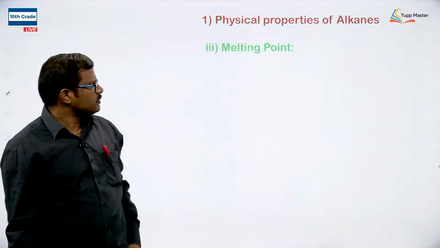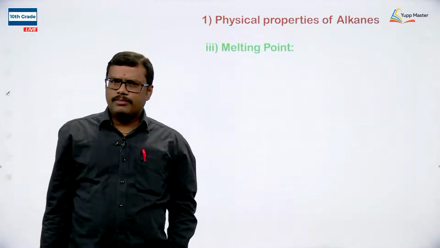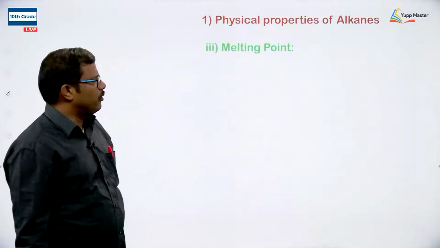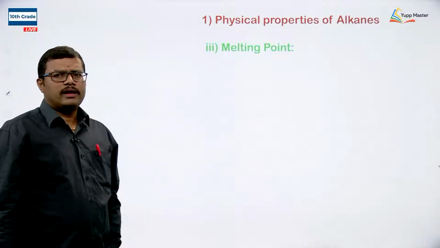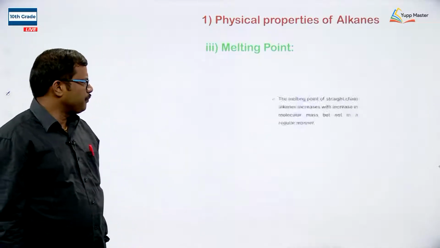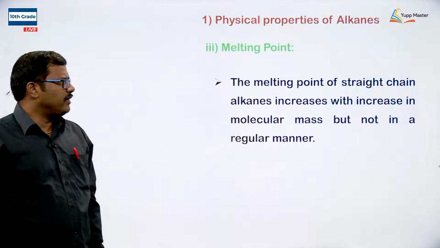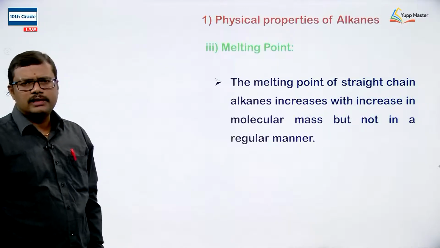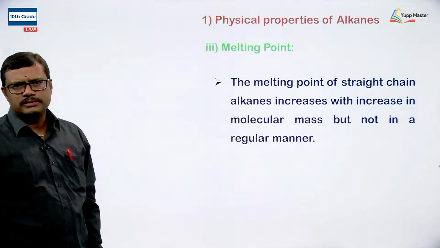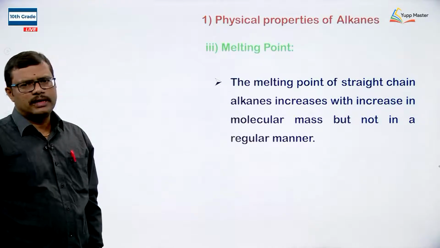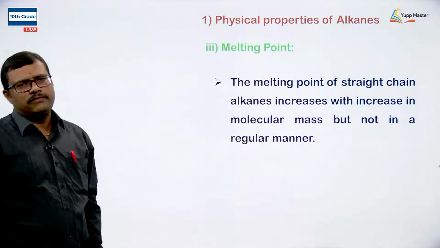Okay? Right. The next physical property is melting point. How can we compare the melting points here? Melting point of a straight chain alkane increases with increase in molecular mass. The same thing we can observe here, but not in a regular fashion.